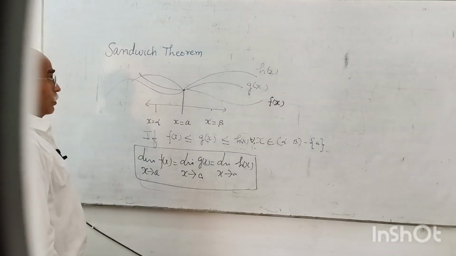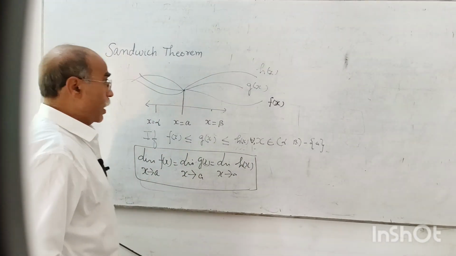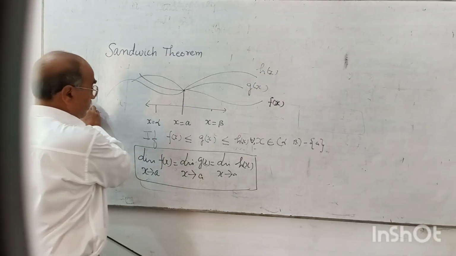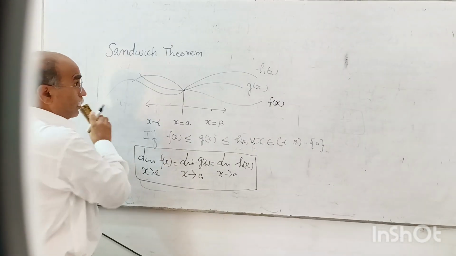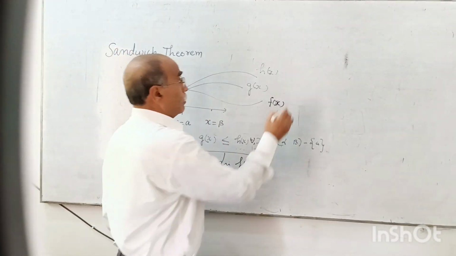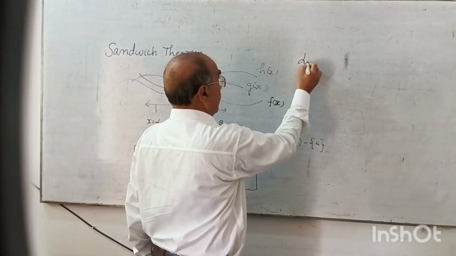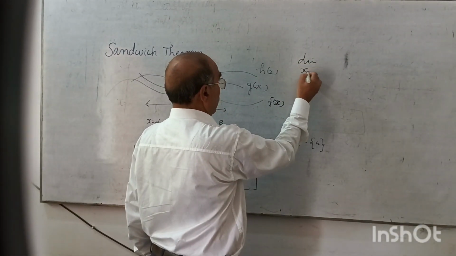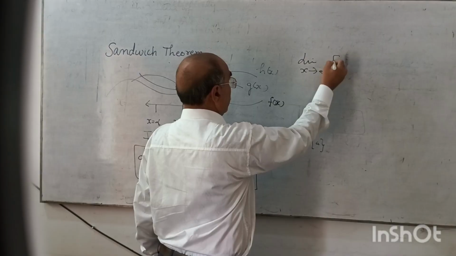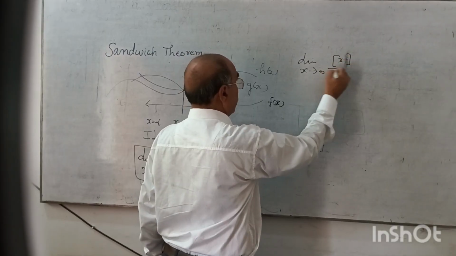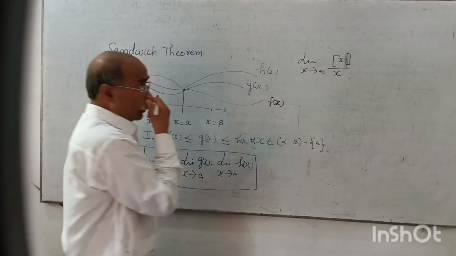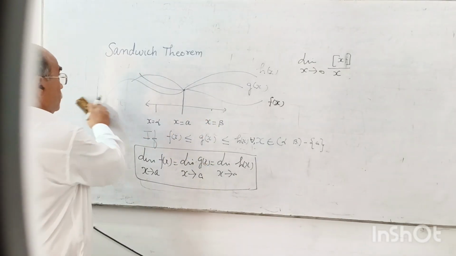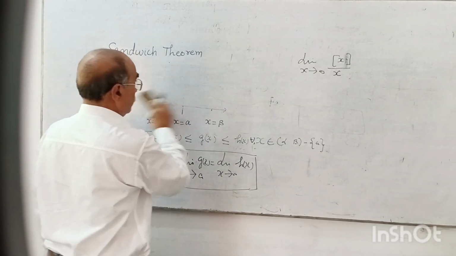Now the questions based on this theorem are: number one, a very common question, to find the limit as x tends to infinity of greatest integer value of x divided by x. To find the limit of this function, we use the sandwich theorem.